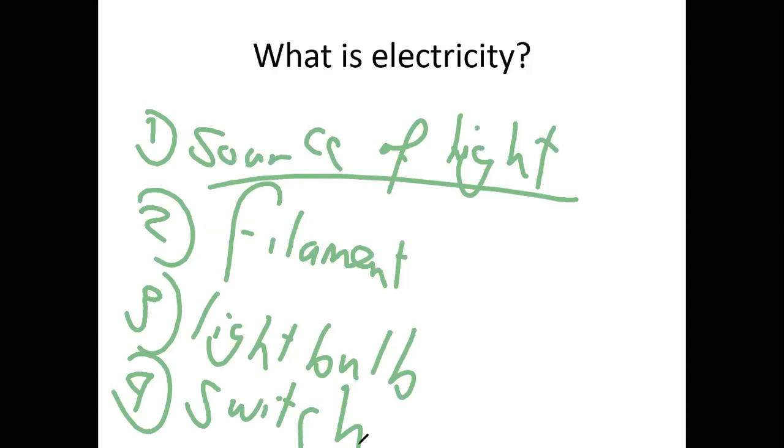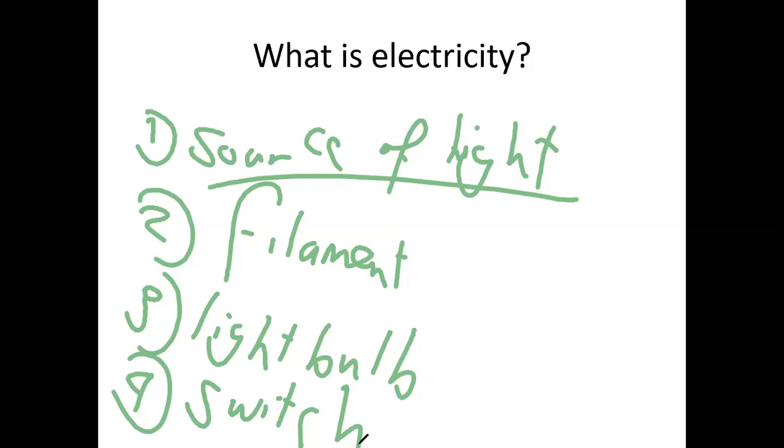So when you are opening the circuit, no current is moving through it. Switching on means you are closing the circuit, allowing current or electrons to move through the circuit.